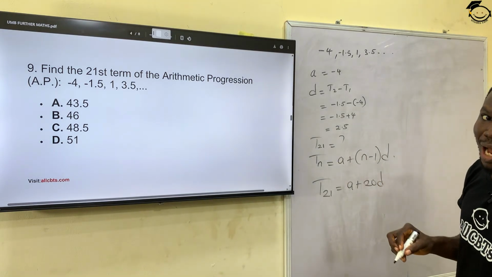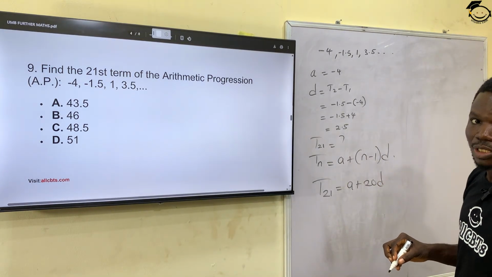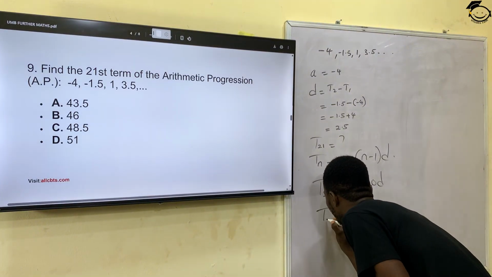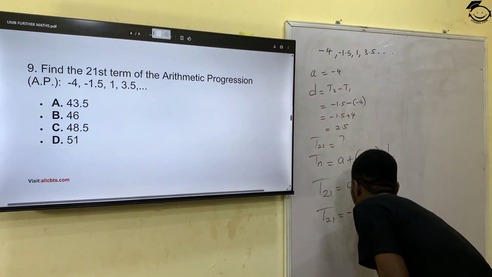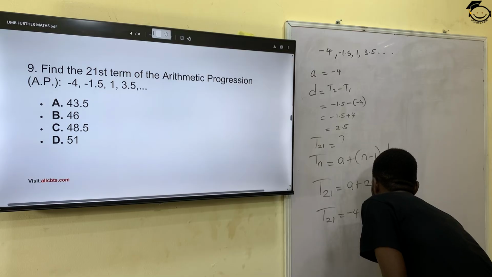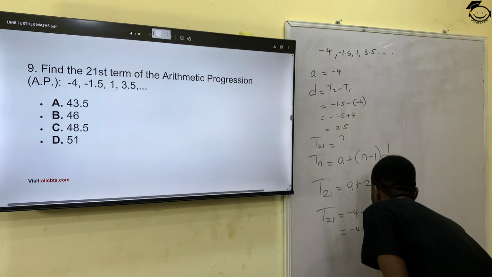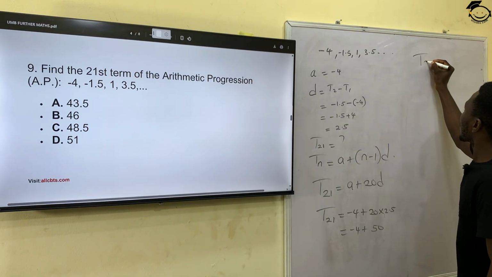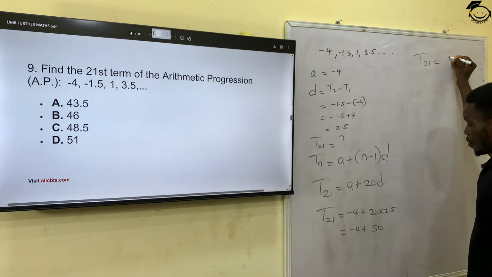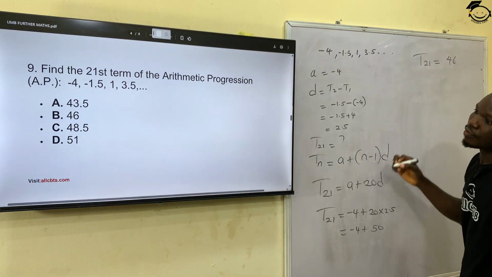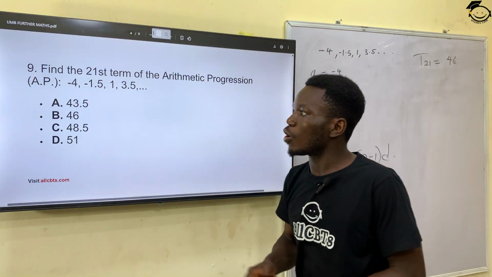So if I input my values for the 21st term, my T21 is going to give us minus 4 plus 20 times 2.5. And that will give me minus 4 plus 50. So it means that my T21 is going to give me 46. So, and that is option B.